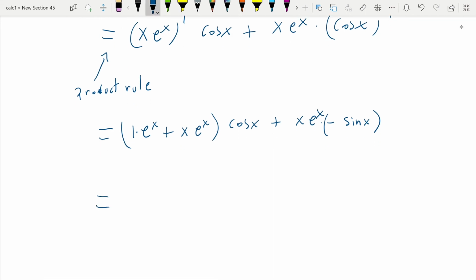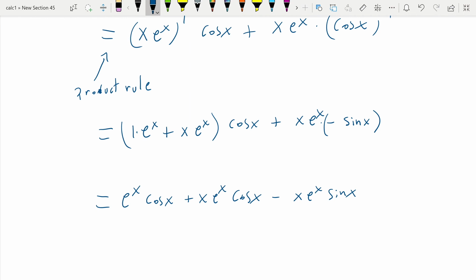And then if we put everything together, it becomes e to the x times cosine of x plus x e to the x times cosine of x, and now this last term becomes a minus x times e to the x sine of x.